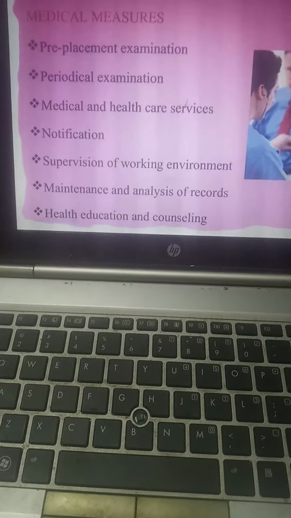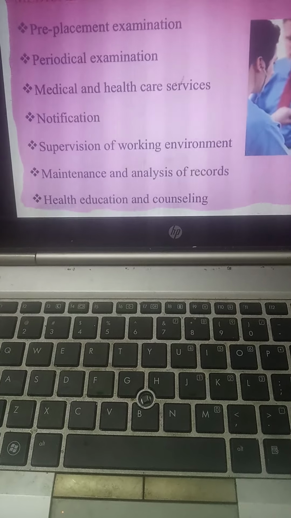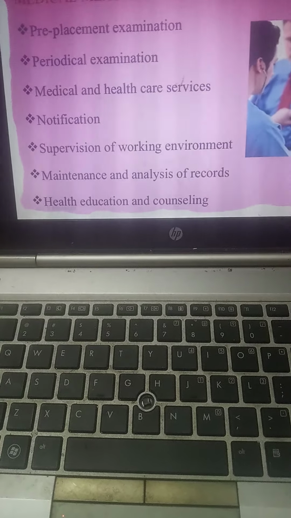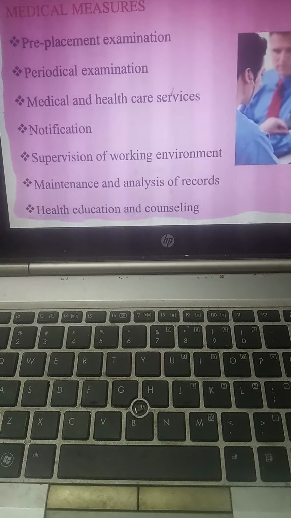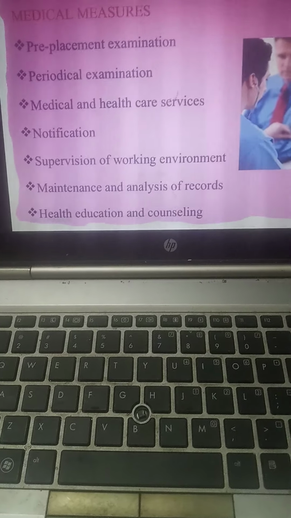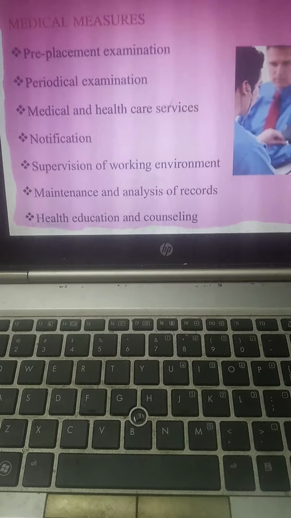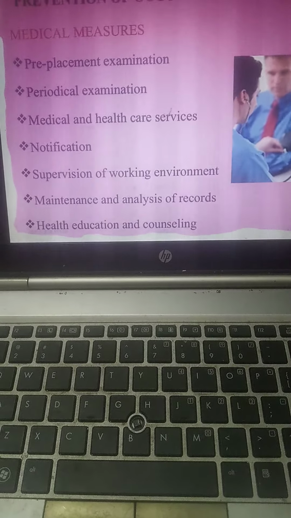Now, if an employee develops any occupational health disease, it must be notified at the soonest, so that other employees can also be saved from developing this disease, and the process may be substituted, or some other measures can be taken so that employees' health is not affected.